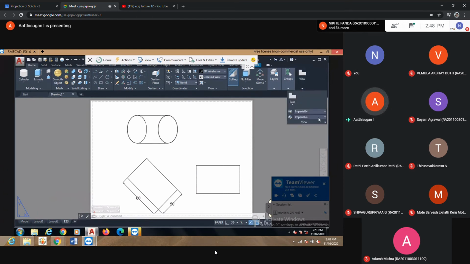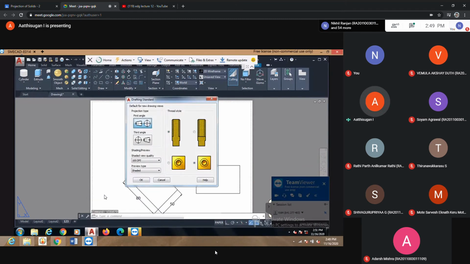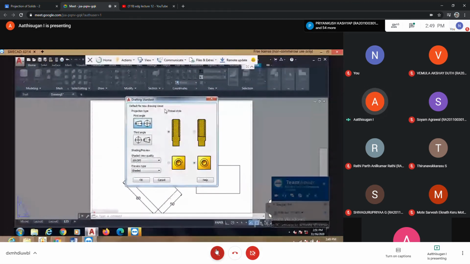For changing this, you can type it as view standard. Okay, there you can change it. Suppose any option is not coming, that's where the command bar is helpful. Just type it.